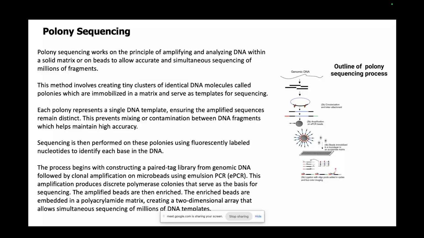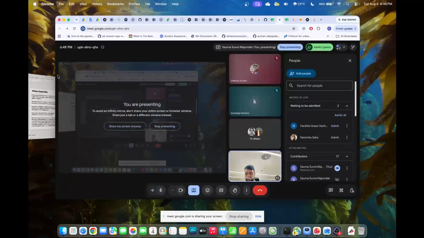Each polony will represent a single DNA template, ensuring the amplified sequences remain distinct. This prevents mixing or contamination between DNA fragments. So basically, each polony is a cluster of DNA sequences of very similar sequence.